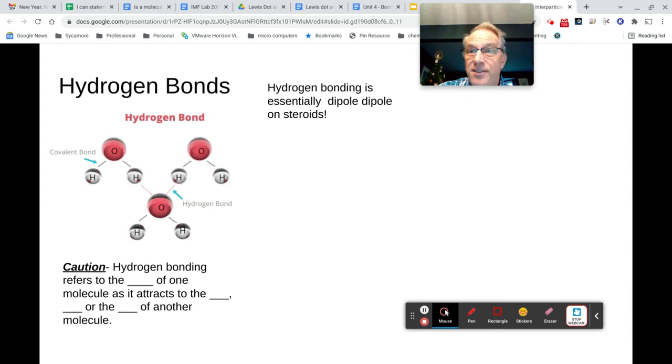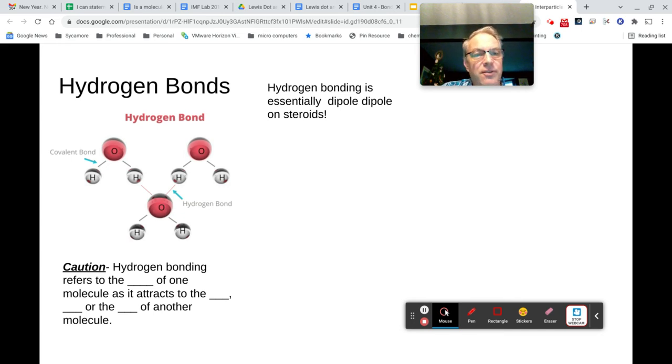You would think that would make sense. I get it. It should say hydrogen attractive forces. I don't know why they named this, but hydrogen bonding refers to when you have a hydrogen that's covalently bonded in a molecule that attracts to the oxygen, nitrogen, or fluorine atoms in another molecule.